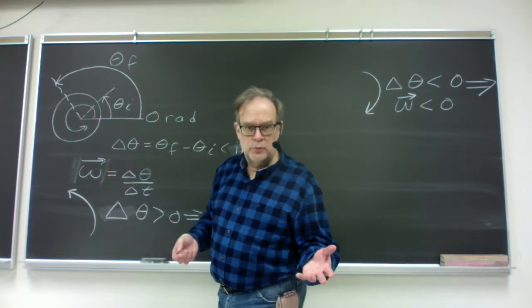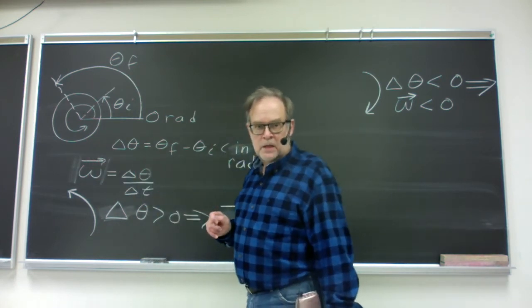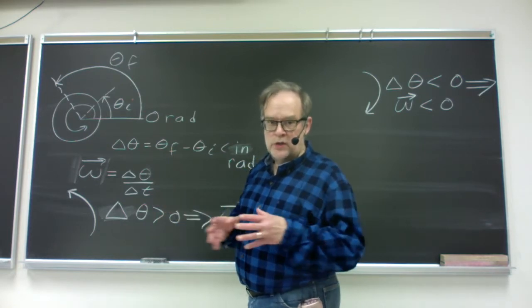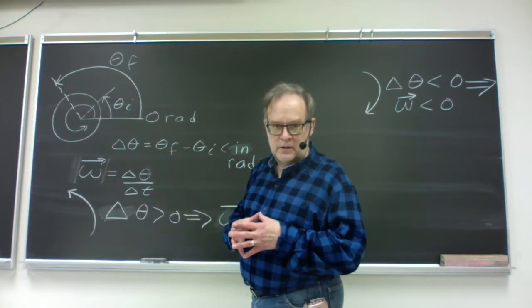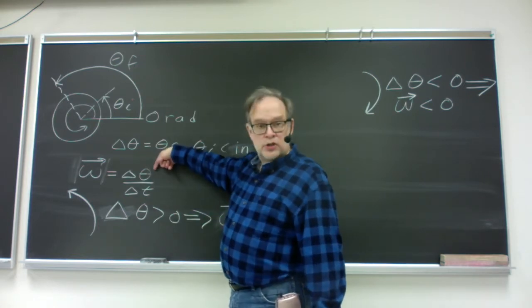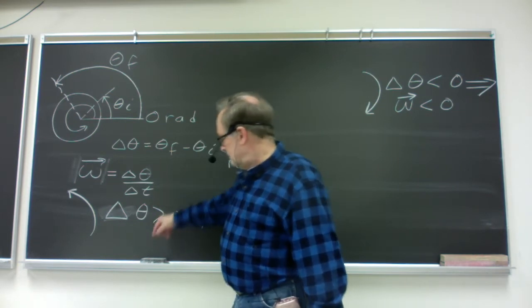And like regular meters per second velocity, it's a vector, so it has a direction. But the way we define it looks very, very much like the way we defined a linear meters per second velocity. Change in location divided by the length of time it took to make that change in location.